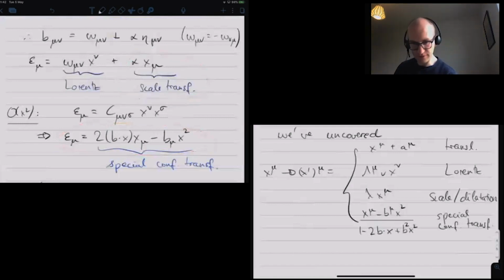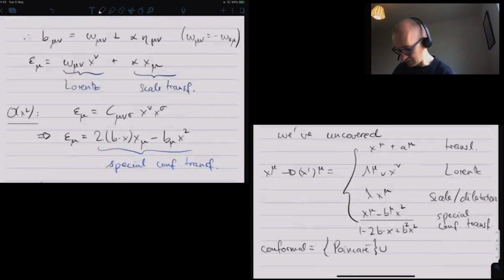So let me just say, conformal transformations are therefore basically Poincaré, but then union two more things, namely the dilatation and special conformal.